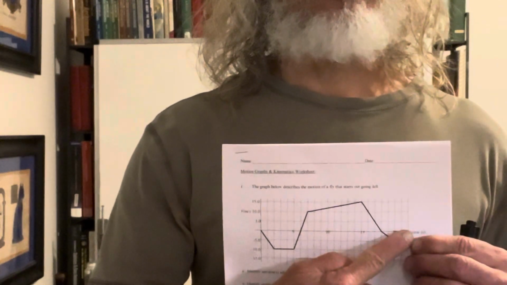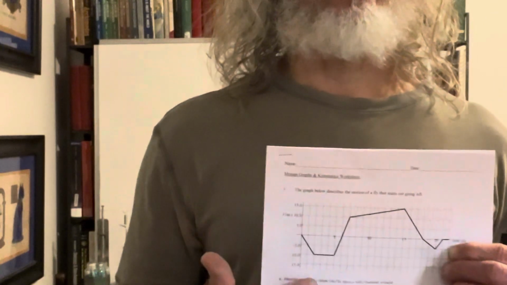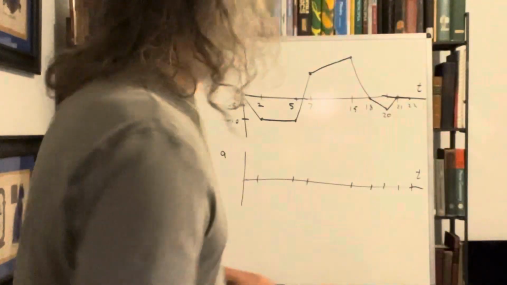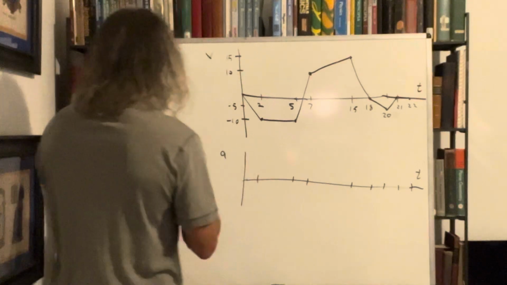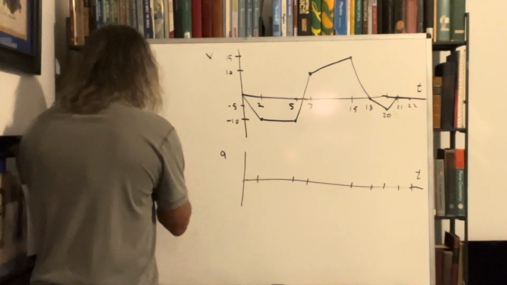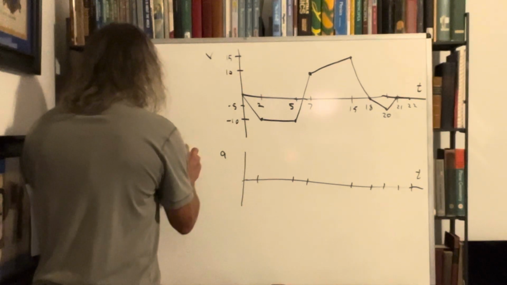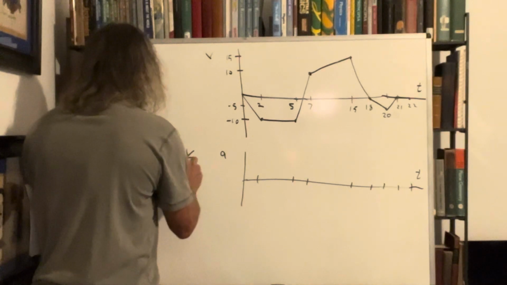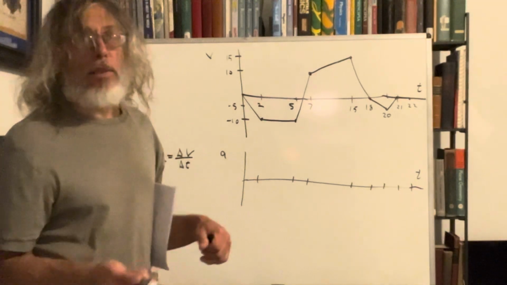So when the velocity is changing, acceleration. Acceleration, acceleration, acceleration. No acceleration, no acceleration. Okay? So notice when the lines are a different slope, it's a different acceleration. Because acceleration is change in velocity with change in time.